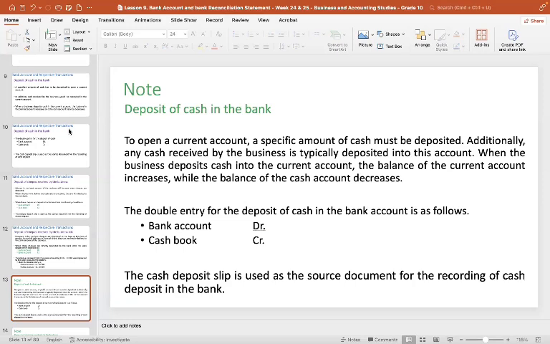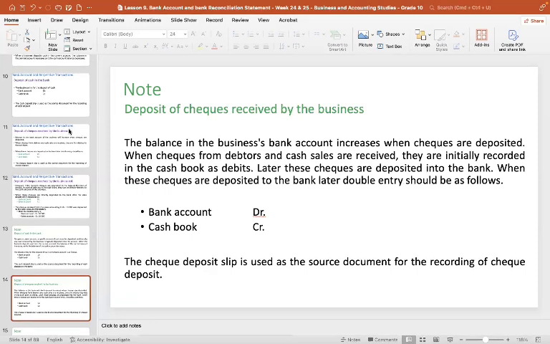The cash deposit slip is used as the source document for recording of cash deposit in the bank. So you can take a couple of minutes and write the note, put the subheading as deposit of cash in the bank, and you can write the note.